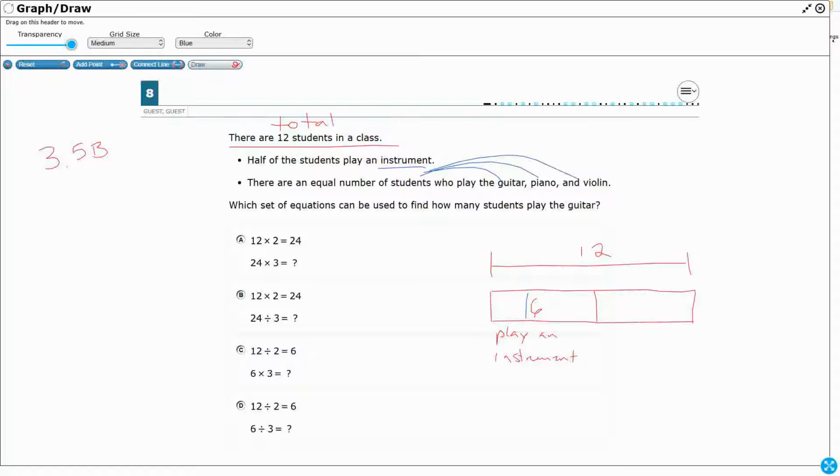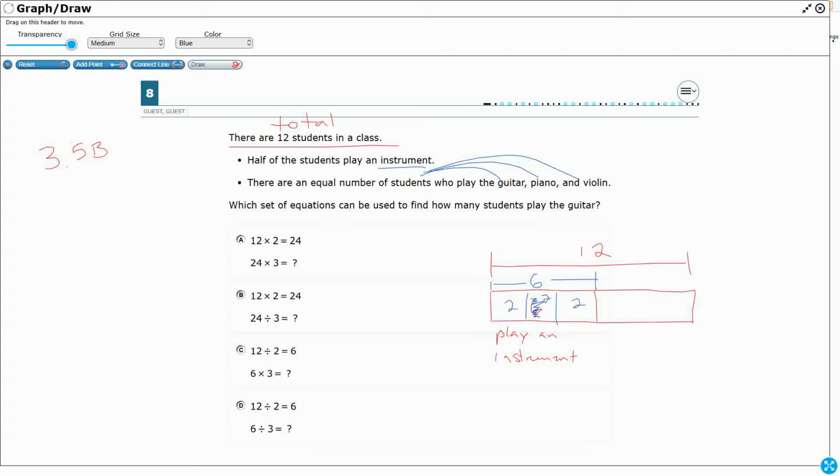So I'm going to put that 6 right here. That's this part, right? That's half. And then I'm going to say there's an equal number of, take that 6, put it into 3 equal groups. So that would be 2, 2, and 2, if I needed to figure this out.